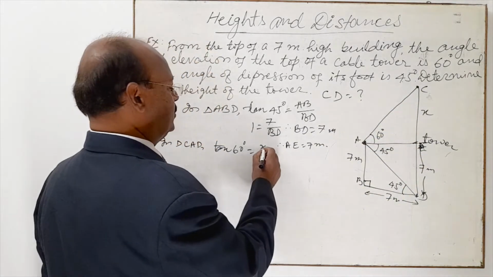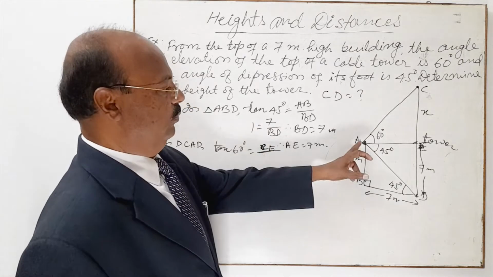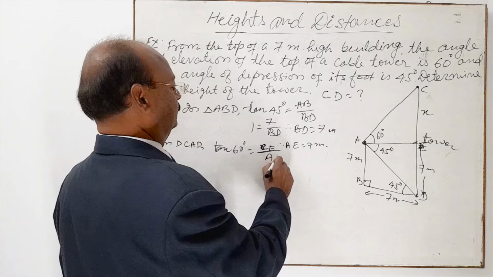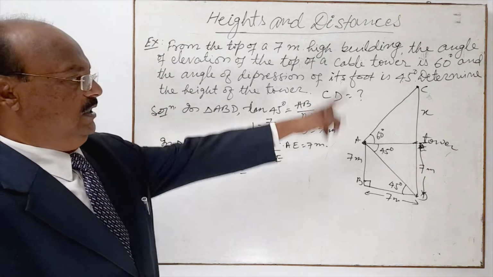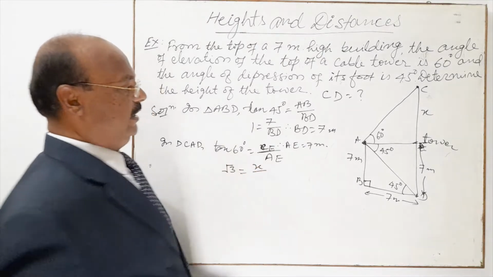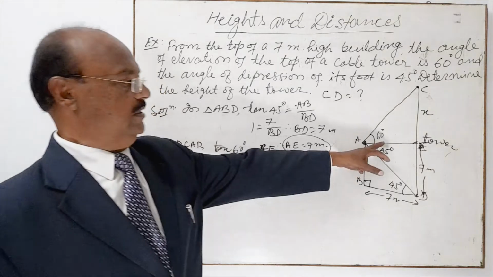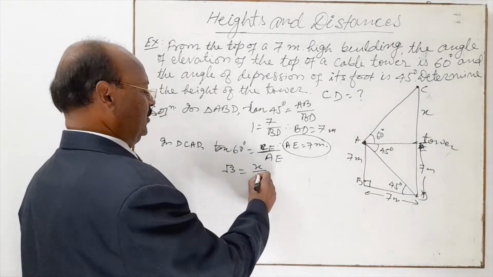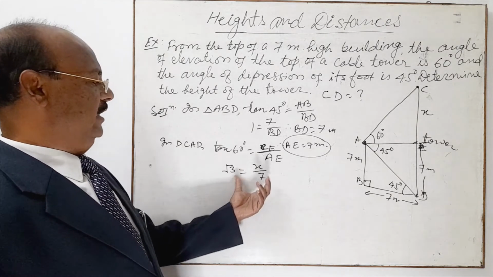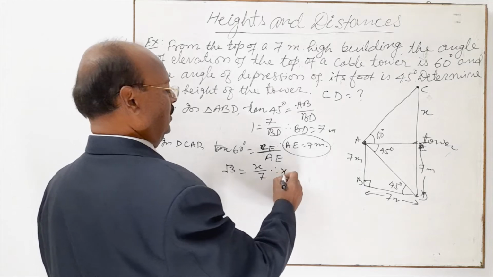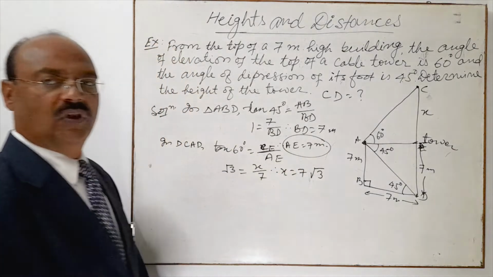This is CE upon base AE. Tan 60 is root 3. CE is X and AE is equal to BD, so 7 meter. Correct? So with the help of this relation, we can get the value of x, and therefore x is equal to 7 times root 3.